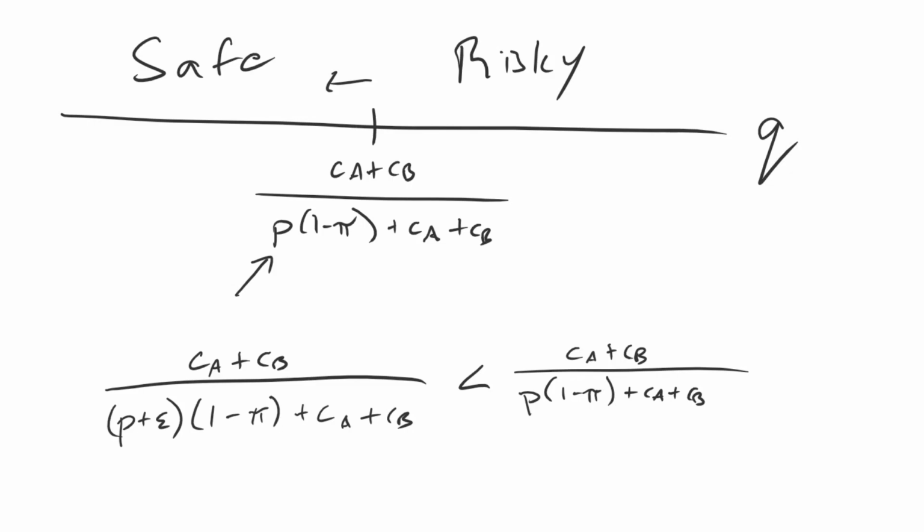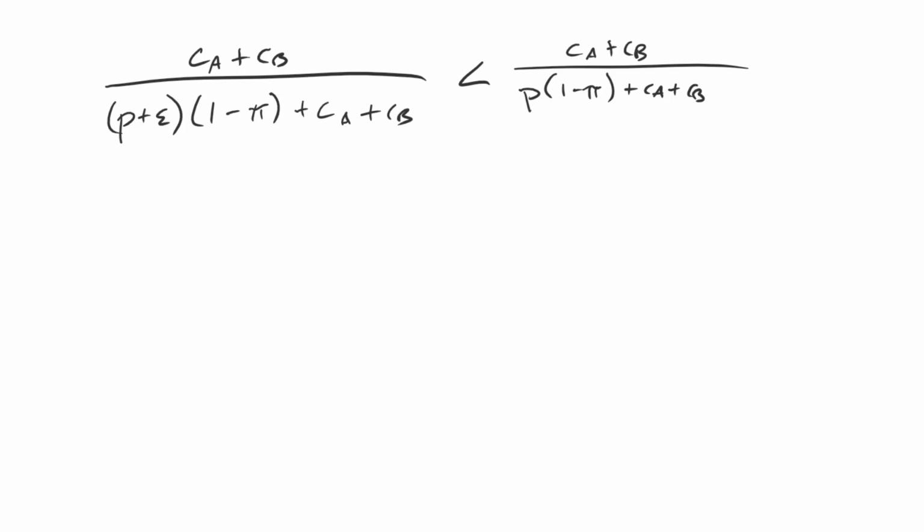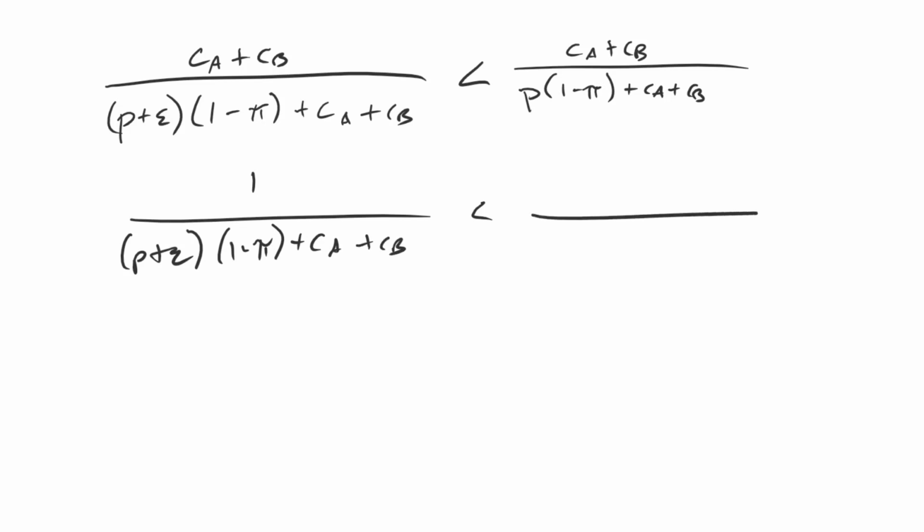Now we just need to manipulate this and see if this is true. We have the same numerator, so we can immediately delete those. We don't have to divide by anything negative here. Both CA and CB are positive quantities, so that maintains the same inequality; we're not going to flip it. We rewrite the denominators: (P + ε)(1 − π) + CA + CB versus P(1 − π) + CA + CB.